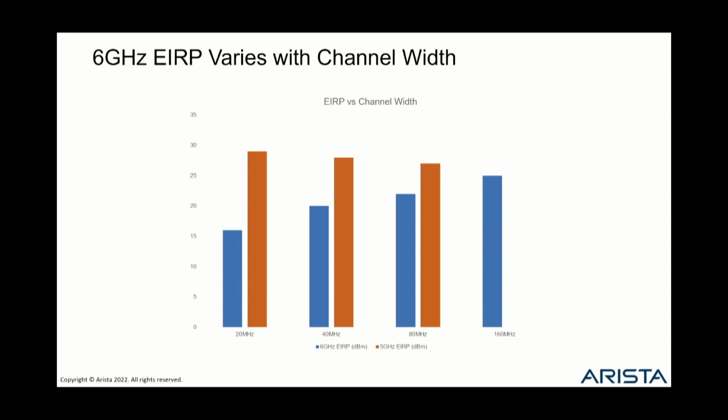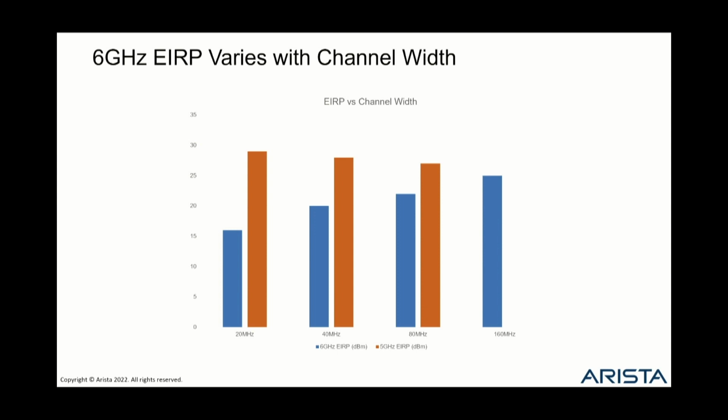Sujata talked about it, Shrikant talked about it yesterday. So going back to deployment considerations, this is an important thing to keep in mind: your EIRP is going to vary with channel width. For 6 gigahertz, you get your bang for the buck when you configure wider channel bandwidths. If you look at the blue bars, this is what you want to do.